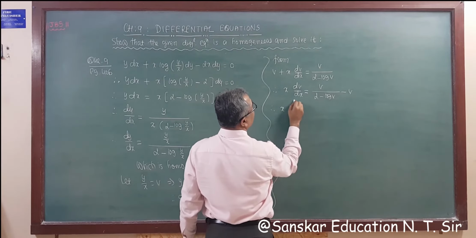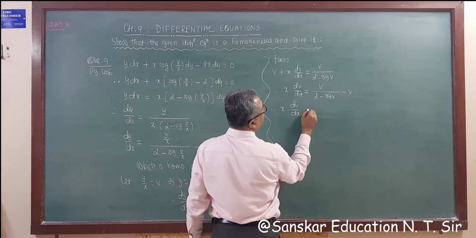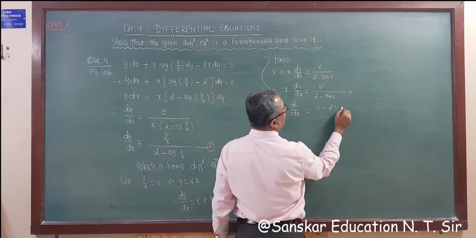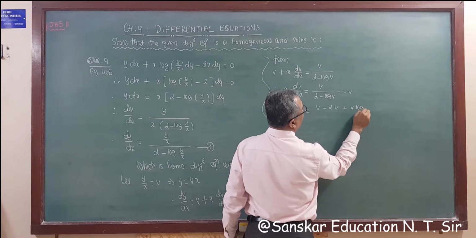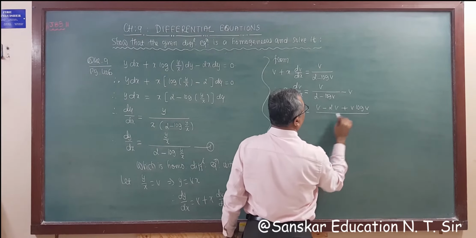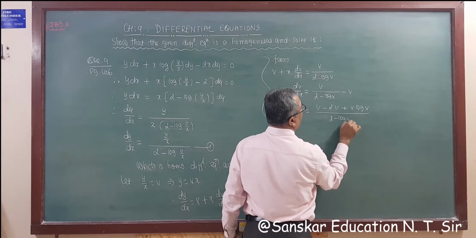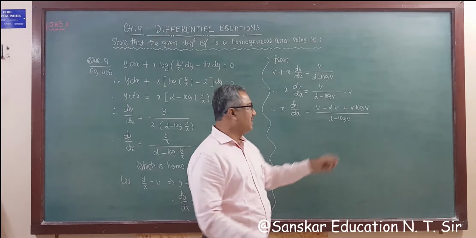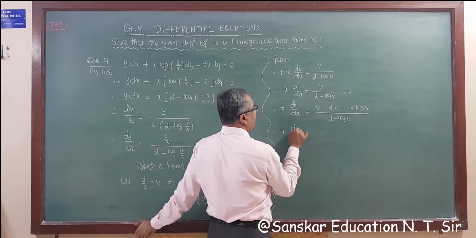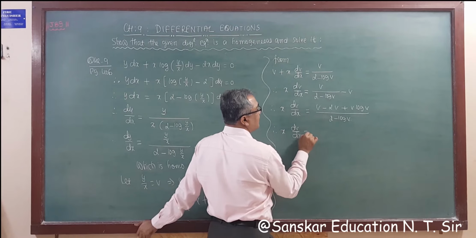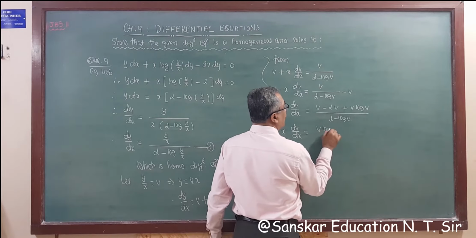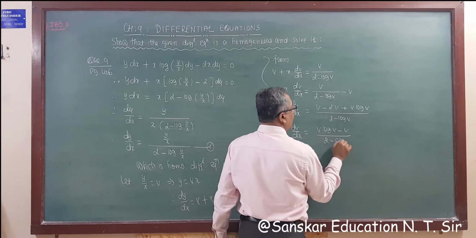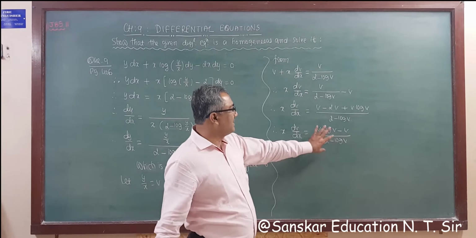So this is x dv/dx is equal to v minus 2v, and minus minus plus v log v, whole upon 2 minus log v. So this is minus v plus v log v. So we get x dv/dx is equal to v log v minus v, whole upon 2 minus log v.